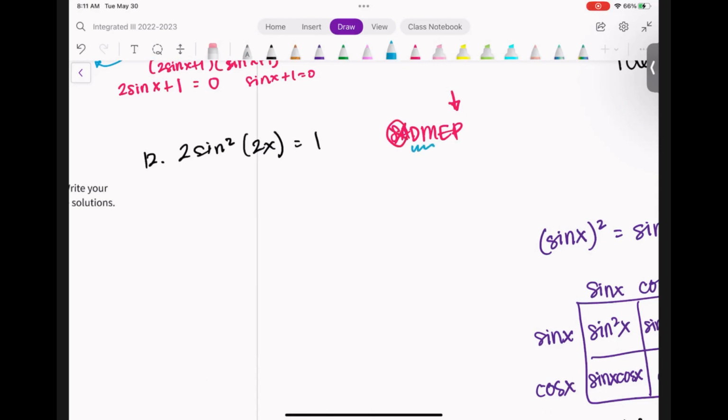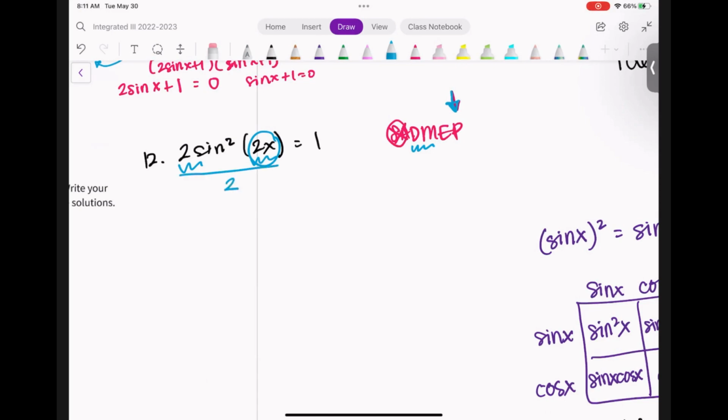Now, some of you are thinking, Ms. Johnson, there's this 2 and there's this 2. Which one do we do? Because technically this one right here is in parentheses, I'm not touching it, because number 1, it's in parentheses, and number 2, it's inside a sine. And we just talked about how sine is listed under parentheses. So the first thing I'm going to do is divide both sides by 2.